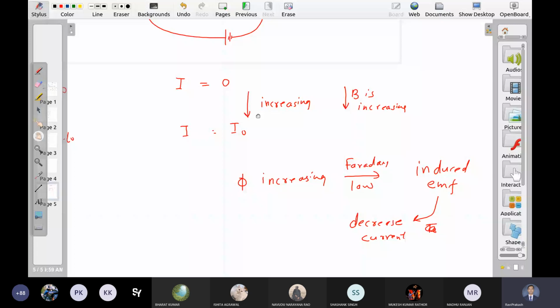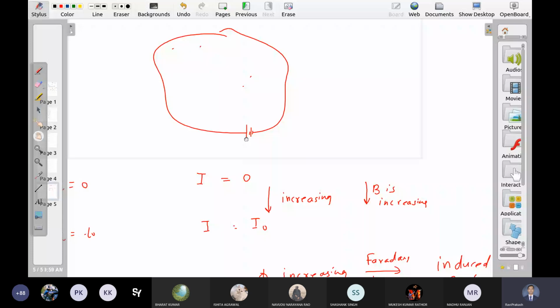What is the direction of this induced EMF? Against the current, right? So you connect a battery on your own, and there is an induced battery automatically connected due to Faraday's law, and this battery has to do work against this virtual battery or virtual EMF.